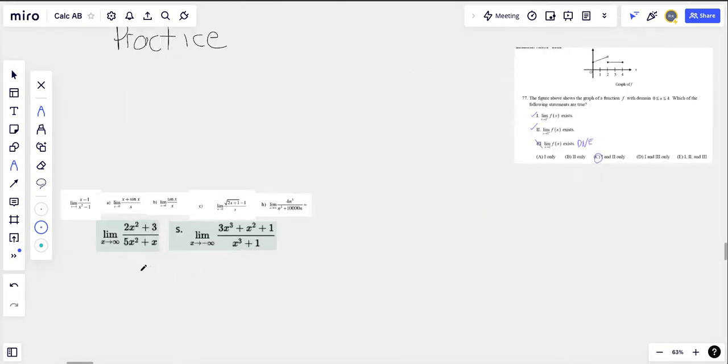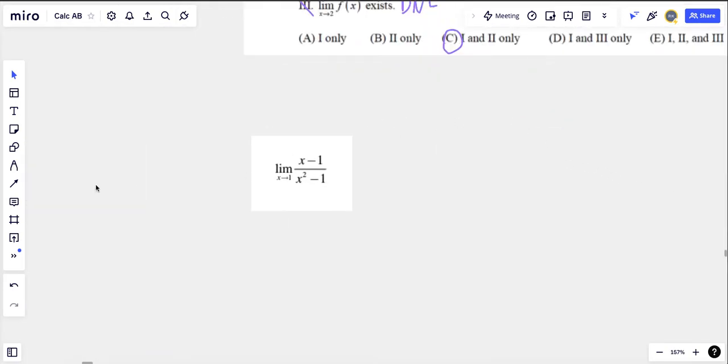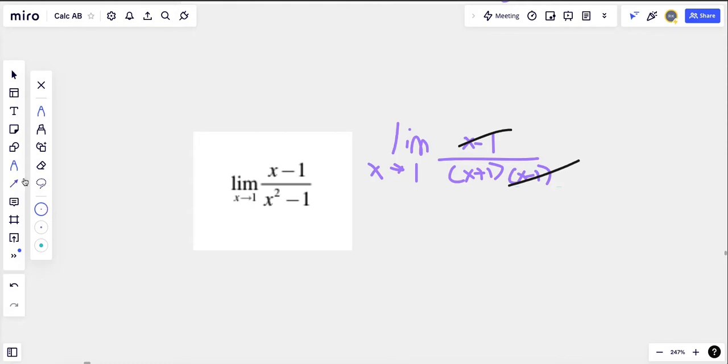Alright, let's look at the next one. Alright, this one is a simple limit question, so we can just rewrite this, factor this. The goal of factoring is to cancel out terms like this, and then we're just left with limit as x goes to 1 of 1 over x plus 1.